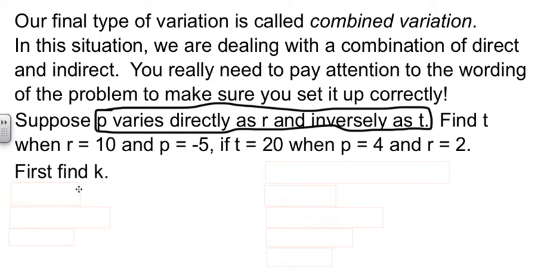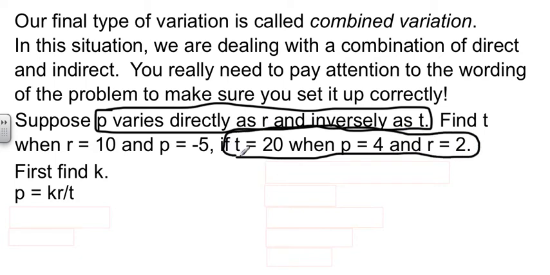First find our K. P is varying directly as R, so it's K times R, and then inversely as T. P by itself varies directly, K times R, and then inversely divided by T. Now, if T is equal to 20, when P is equal to 4 and R is equal to 2, those values go together, plug those in.